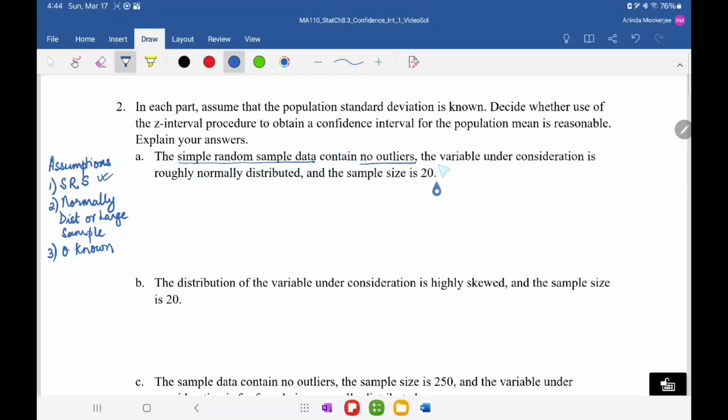And then it says the variable under consideration is roughly normally distributed. So that means the second assumption is also satisfied, because they've told us that the variable that is being studied is roughly normally distributed. So this was good. And they've already told us earlier that the population standard deviation is known, sigma is known.